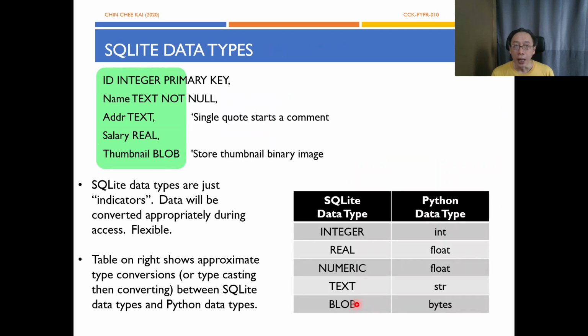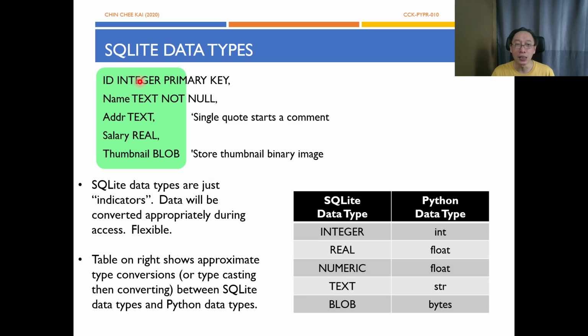Okay, SQLite data types. Since we are talking about schema, just one quick word about how SQLite understands all these descriptions. You could see SQLite databases having descriptions like I want ID to be of integer type, but sometimes you will see ID to be numeric type. What's the difference?